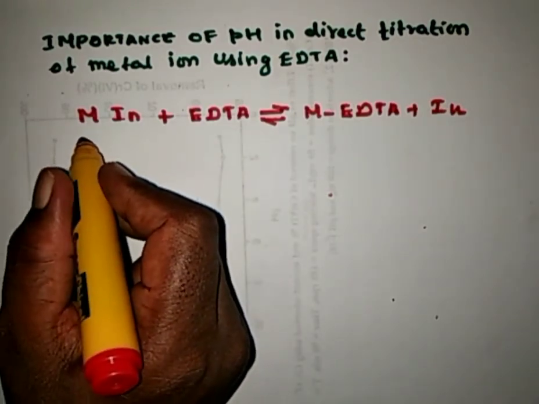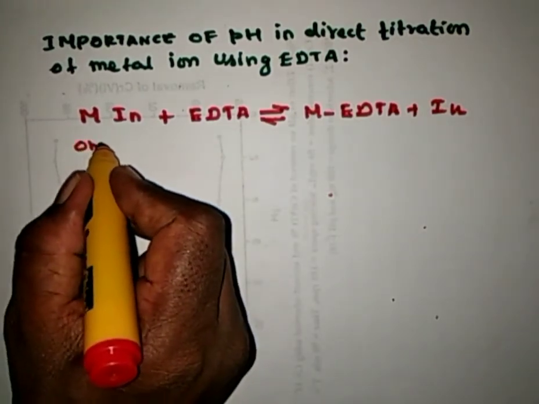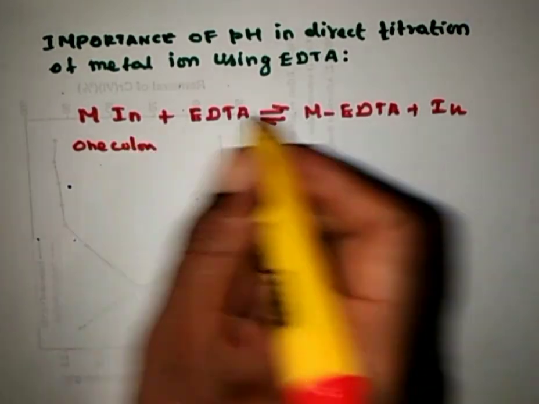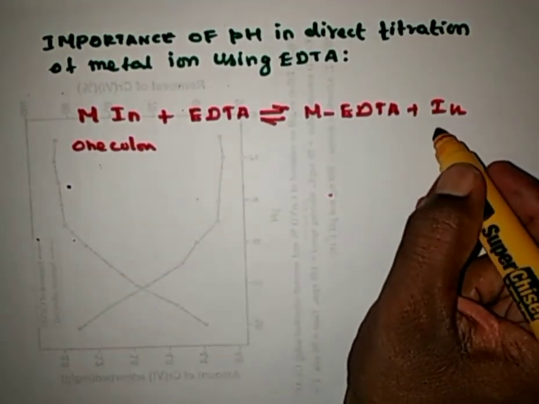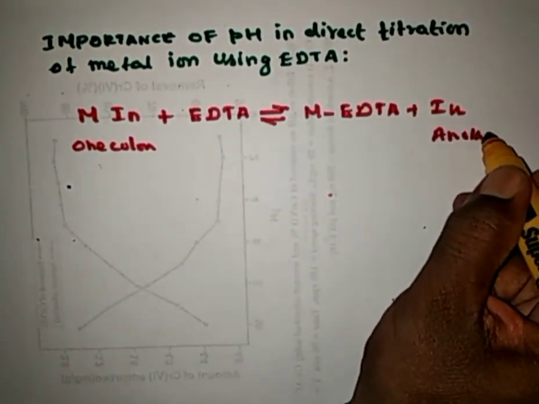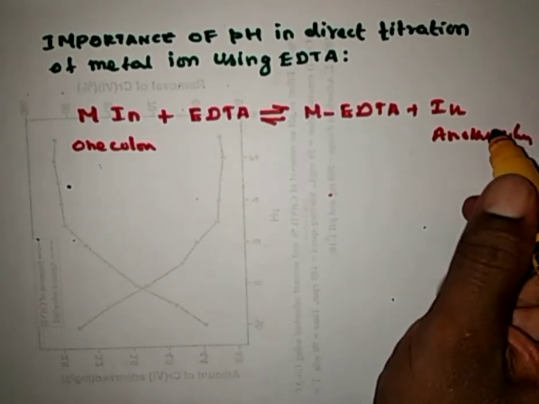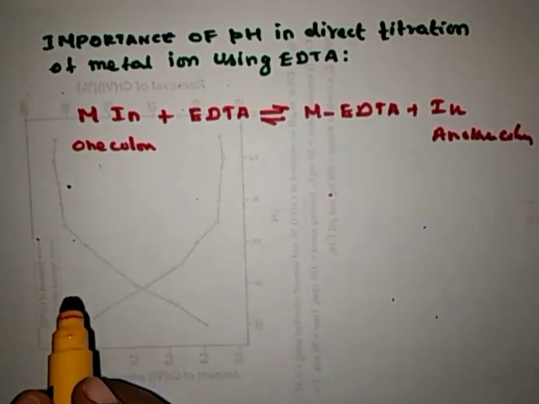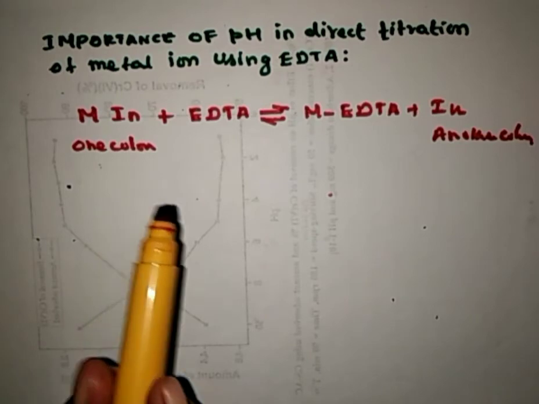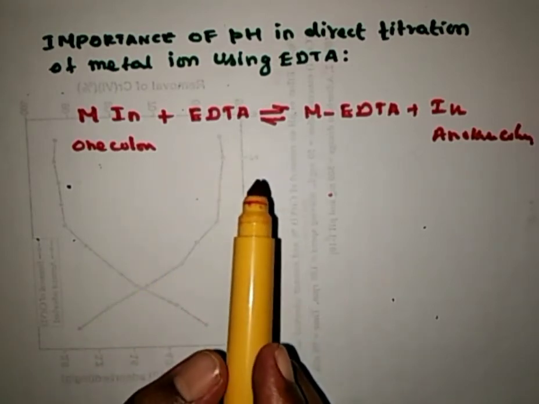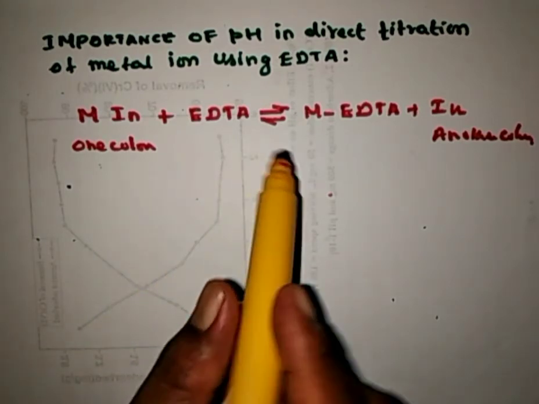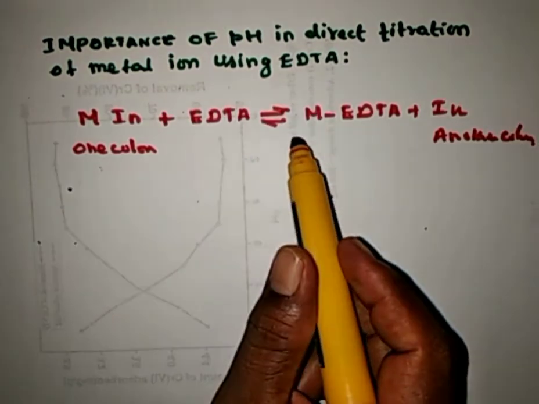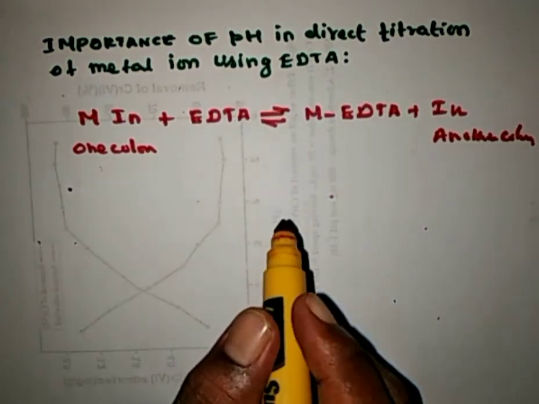Here the metal-indicator complex has one color and the free indicator has another. The shift in equilibrium is sharp and rapid, and it happens in a particular pH range only.